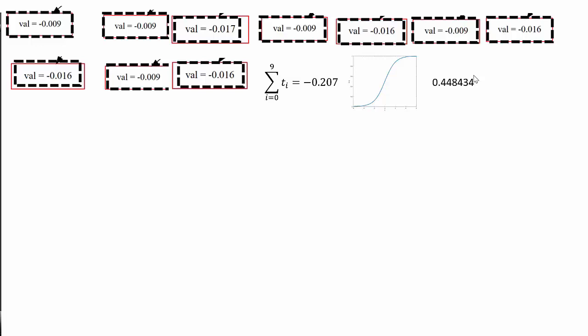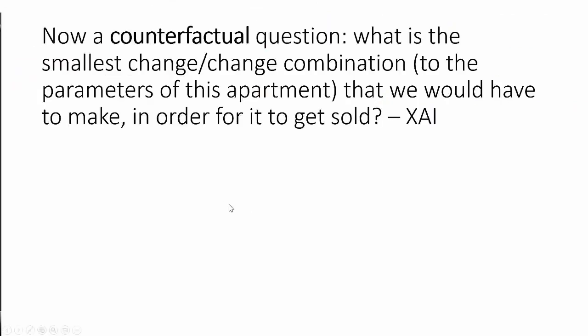Here we see that the value is just below 0, and the output will be somewhere below 0.5, at 0.448. Now we apply a threshold of 0.5 for classification, and see that since it's below 50%, and this is your chance of the apartment being sold, the final result is no, the apartment will not be sold.